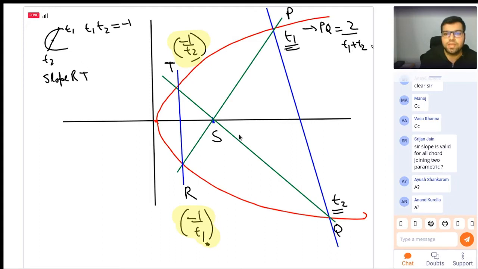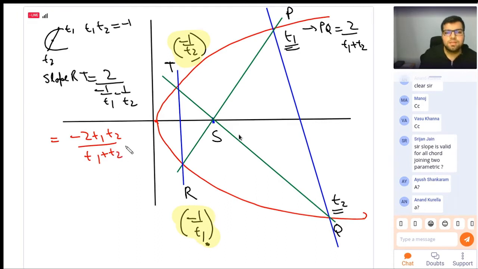But for slope of RT, T1 and T2 have changed to these two quantities respectively. So I will say 2 over minus 1 by T1 minus 1 by T2. This value we have to find out. So this slope is equal to minus 2 T1 T2 over T1 plus T2. This is the slope of RT using this formula, that if points are T1 and T2, then slope is 2 over T1 plus T2.